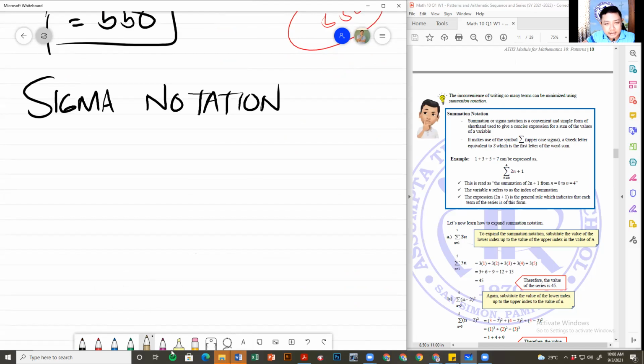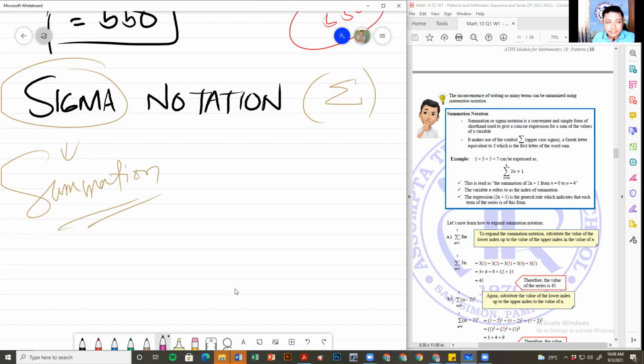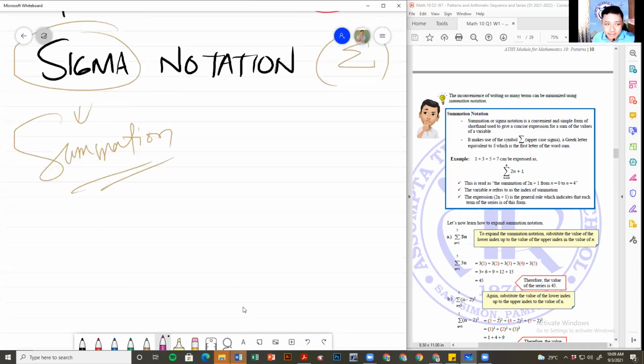Are you familiar with this symbol, the sigma notation? Okay. And sigma simply means summation. So we will just be adding. So this time, it's a combination of the explicit form and the series form. Okay? So what do we mean by this?